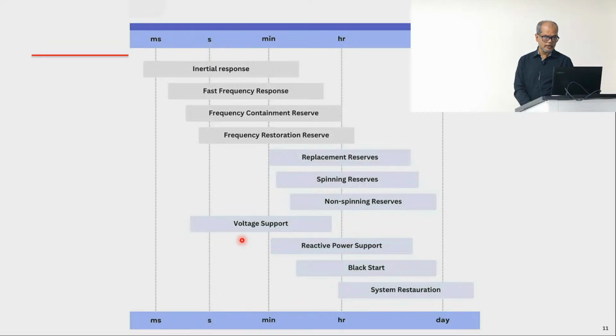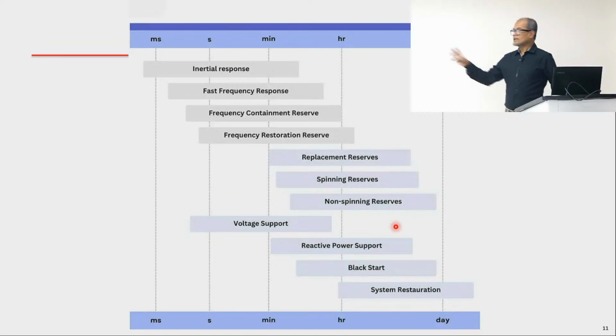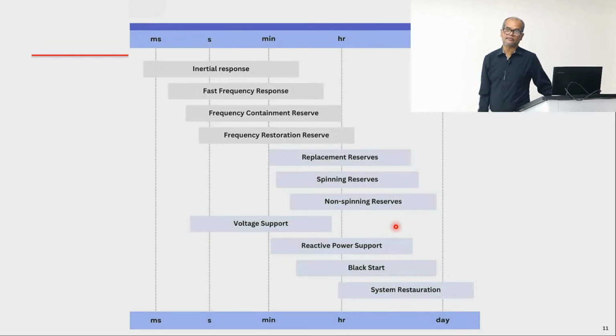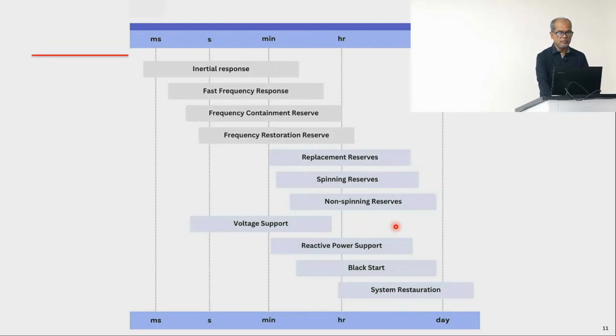And then for voltage support, reactive power support, black start, which could be called system restoration, and different spinning services. But at what time frame you should provide what service is also very, very important, right? For example, the inertia response and fast frequency response are in seconds, so it has to be very fast.